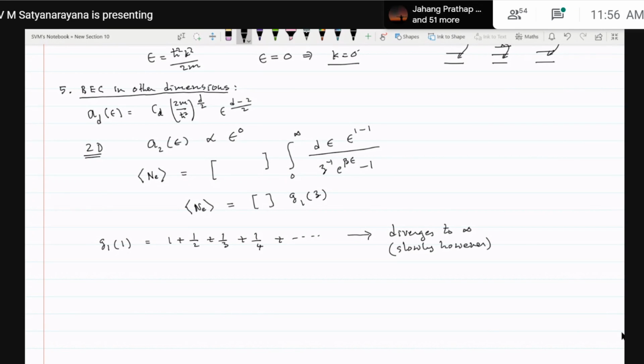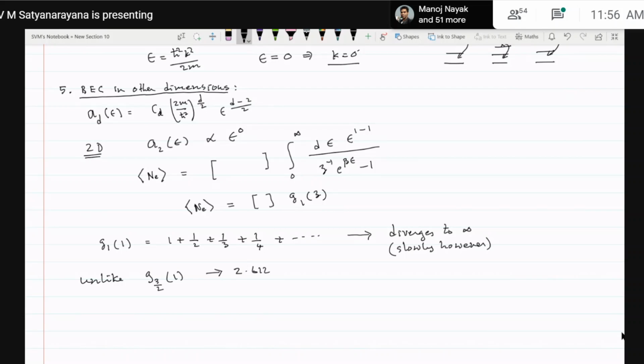So there exists no value to which this converges, unlike the case of G 3 by 2 of 1, which converges to 2.61 or so, a finite value.